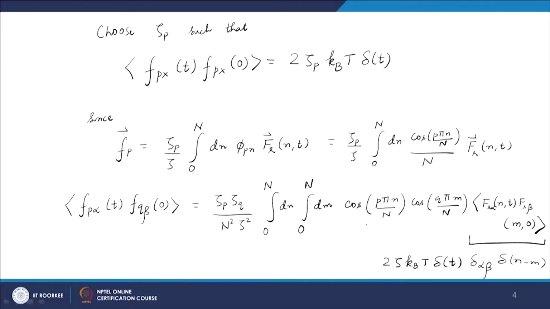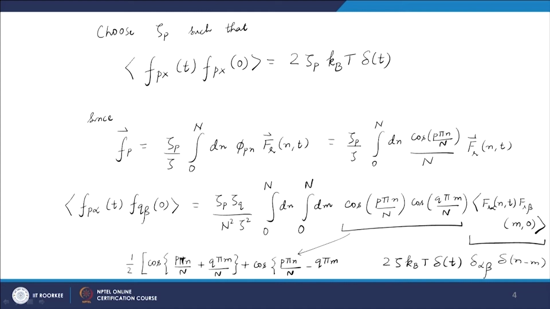And then this term I can write using the formula for cos(A+B) and cos(A-B) as half of cos that is plus, cos that is minus.